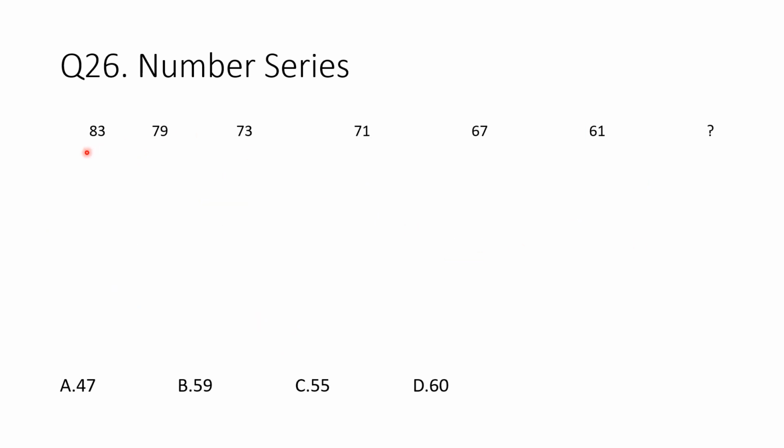Fine. So if you see this one, 83, 79, 73, 71, 67, 61 पास पास में ही है. जितने भी numbers हैं, the obvious choice is what? You'll find the difference.